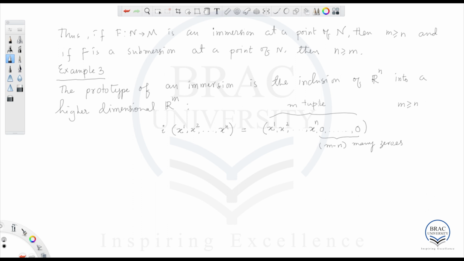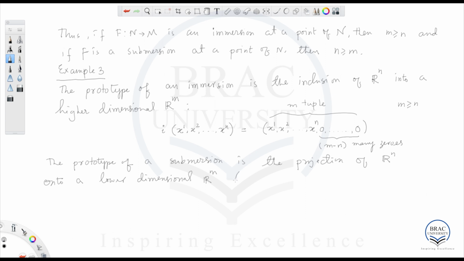Okay. The prototype of a submersion is the projection of R^n onto a lower dimensional Euclidean space R^m.